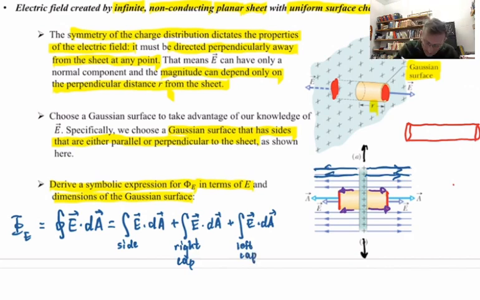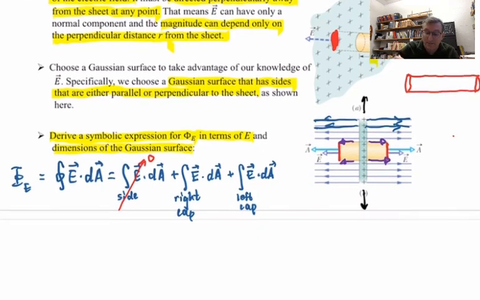And we just argued that there is no piercing of electric field through the curved side, so that's 0. And so we only have to worry about the electric flux through the end caps. Let's do the right cap, and I'll explain what happens with the left.